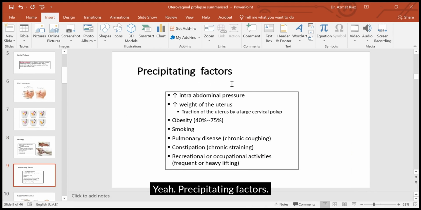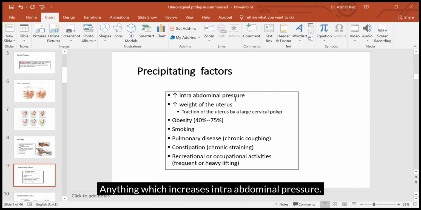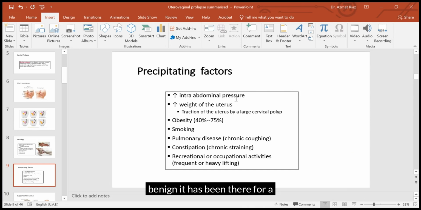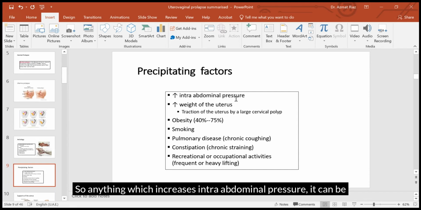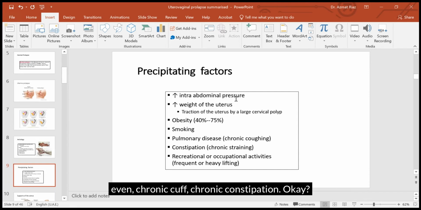Precipitating factors: anything which increases intra-abdominal pressure. For example, a big mass, a big benign ovarian cyst that has been there for a while and increases pressure. So anything which increases intra-abdominal pressure, even chronic cough or chronic constipation.